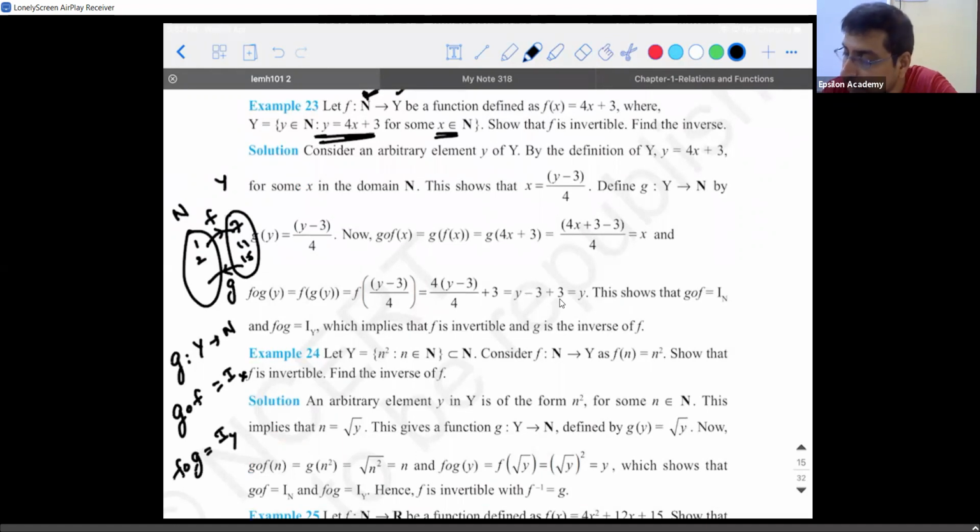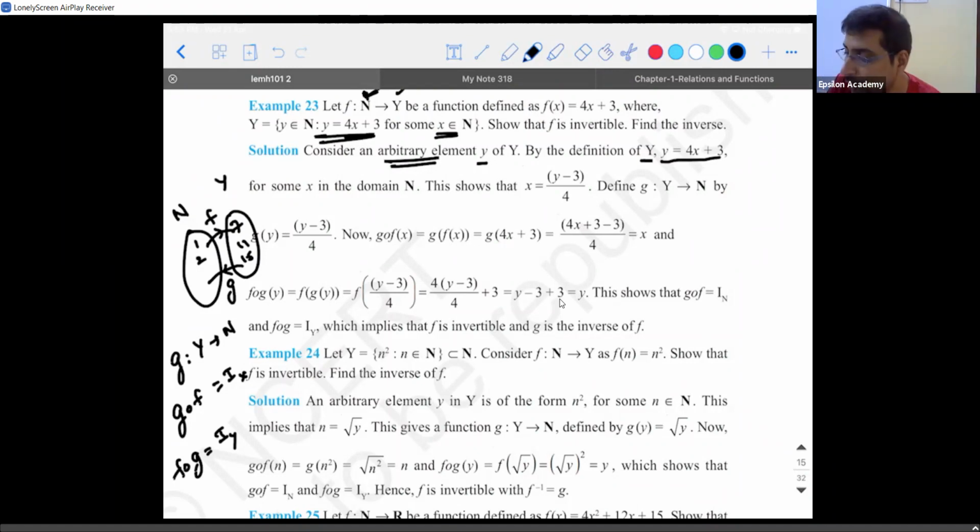So the steps to be followed are like this. You consider an arbitrary element y that belongs to capital Y. The reason we start in reverse is because for inverse functions, the domain and codomain are swapped. Consider an arbitrary element y of Y. By the definition of capital Y, y is equal to 4x plus 3 for some value of x in the domain.